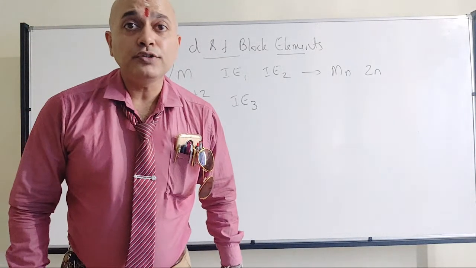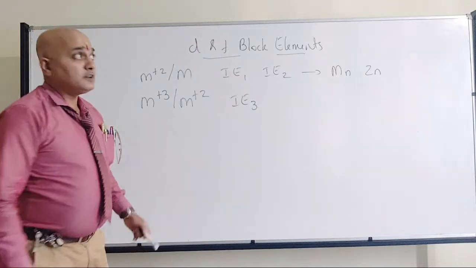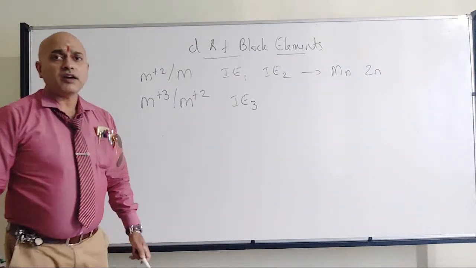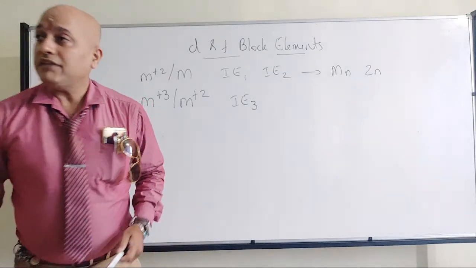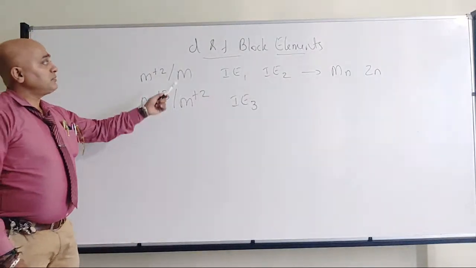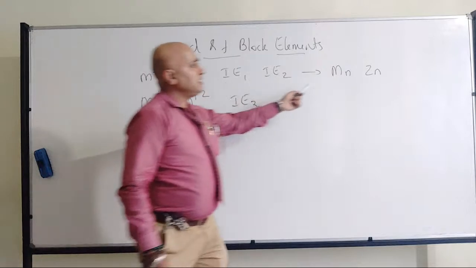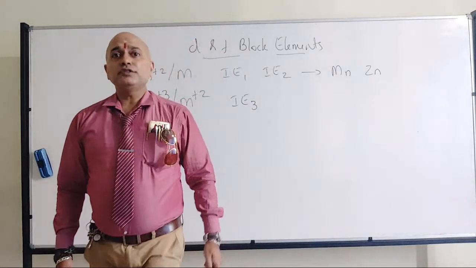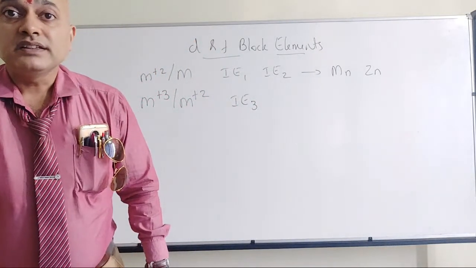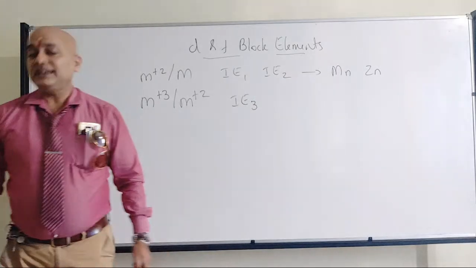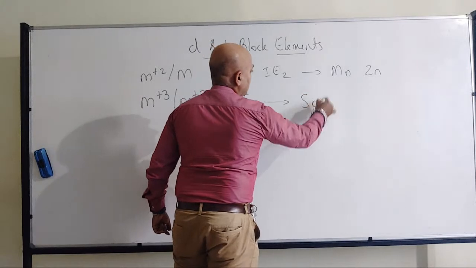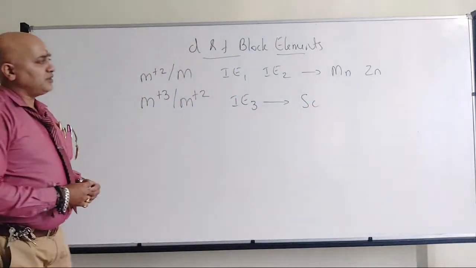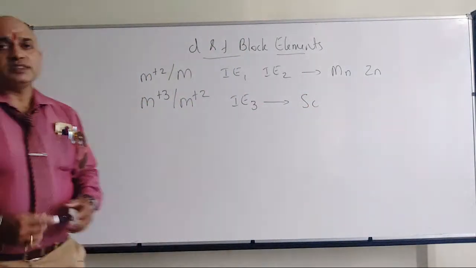Why do they have a very low standard redox potential value? Because they will have a negative sign. Which will have the highest negative value? These two will dominate, because they attain stability. Scandium is another element which dominates with respect to the negative value.